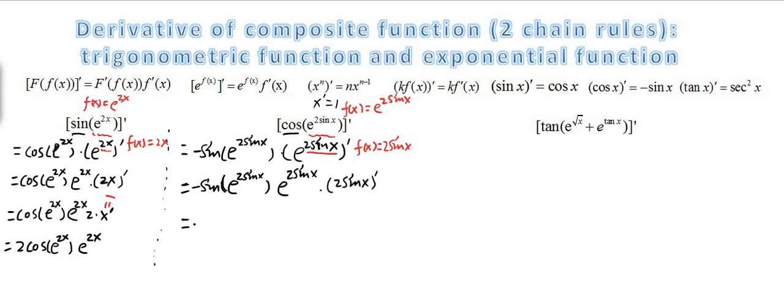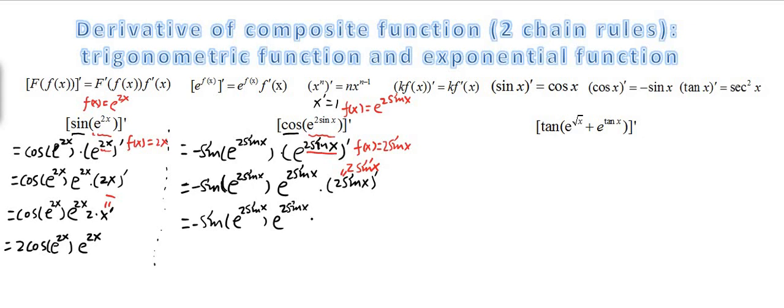Okay, and now we can tell for the third term, here is 2 times sine x. So very clearly we can apply the constant multiple rule. That means we can pull the 2 out of the derivative, and we do the derivative only for sine x. Okay, so we copy the first term times e to the power 2 sine x.